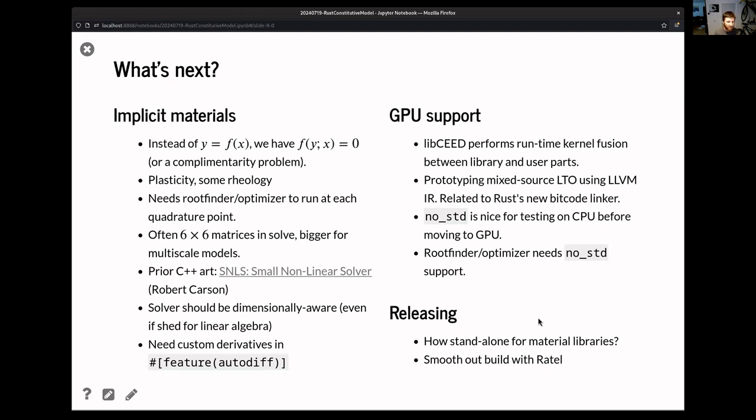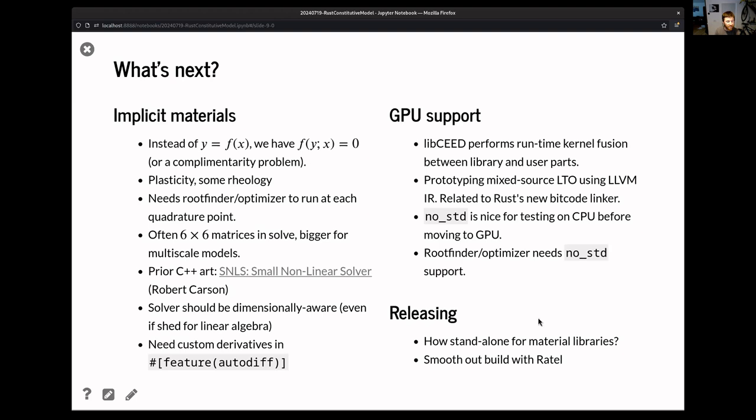There is kind of an outstanding issue that we're working on to support implicit materials. So these are used heavily in plasticity and some other areas. They need small nonlinear solvers. Sometimes these are complementarity problems, so it's a root finder or an optimizer.